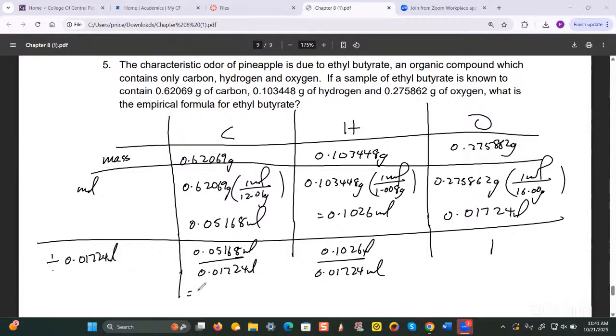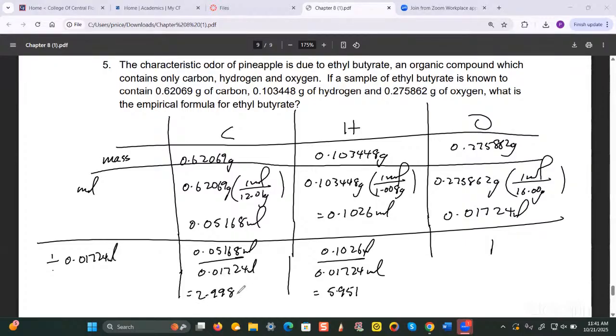I got 2.998, right? And then in the case of hydrogen, 0.1026 divided by 0.01724. And I got here 5.951, right?